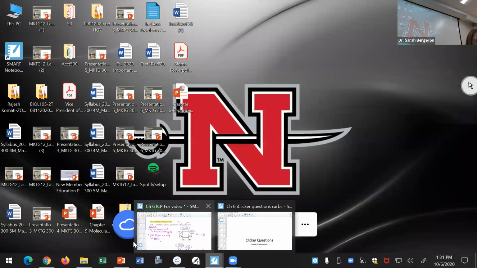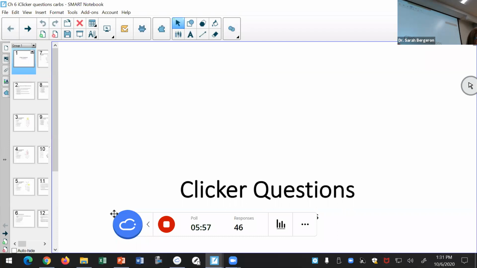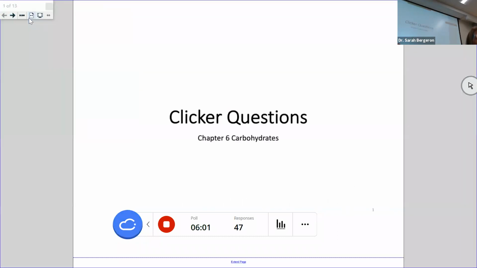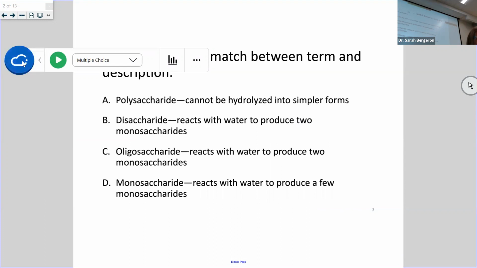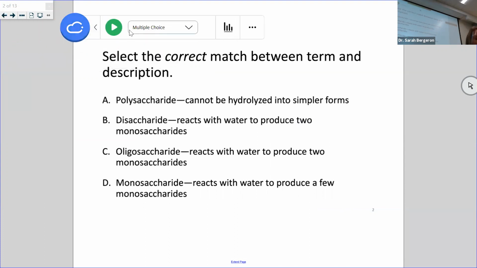And we need to do some quick questions. All right. Here we go. Find the correct match between the term and the description.